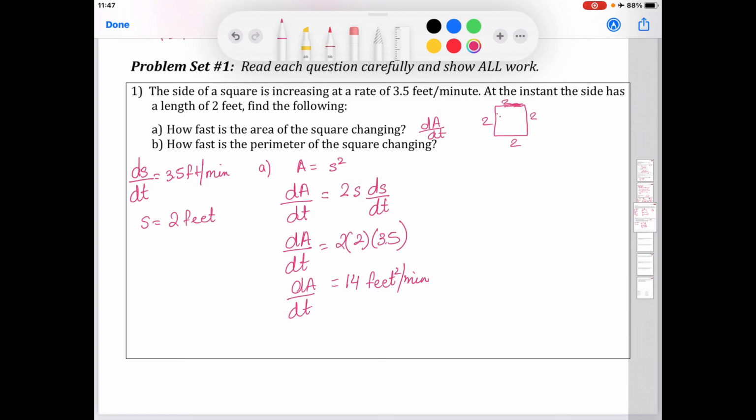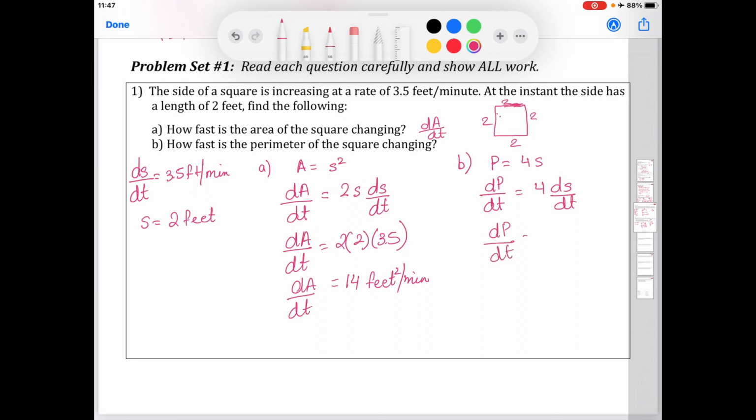So now it's saying part B, how fast is the perimeter of the square changing? The perimeter formula for a square is what? 4s, right? Because all sides are the same. So I want to find dp/dt. I'm going to take the derivative on both sides, which would be just 4 times ds/dt.